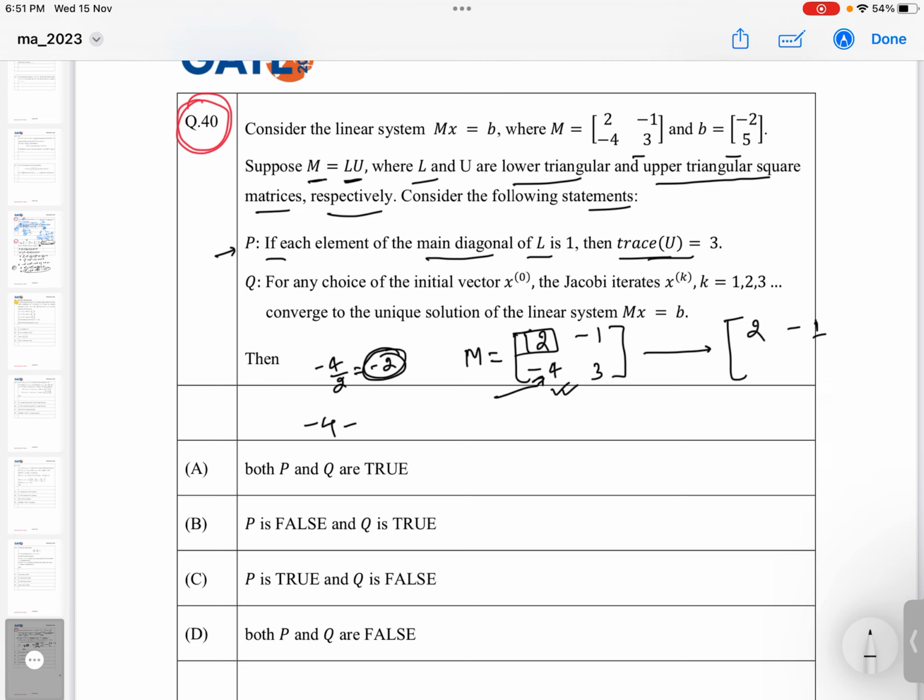So -4 minus 2 times -2 gives 0, as expected. And at the 3, we get 3 minus (-1 times -2), so 3 minus 2, and here we get 1.